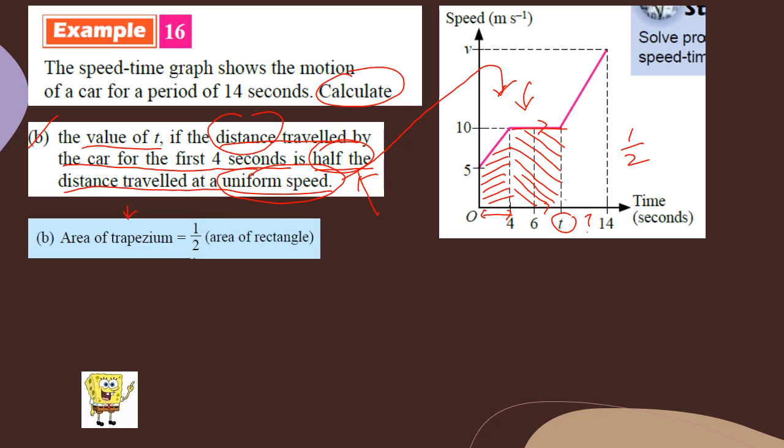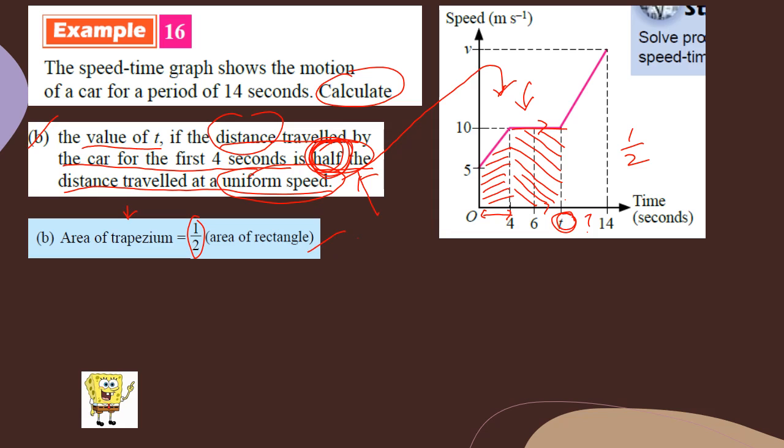It is a rectangle, and you have to put half, not because of the formula, but because of the question: half of the distance traveled. So now you have an equation. Of course, you can find what your t is.